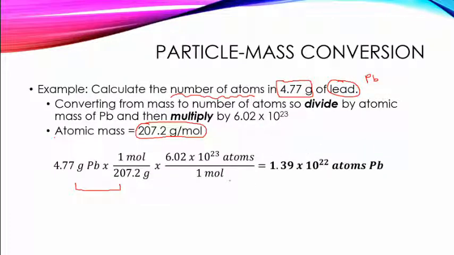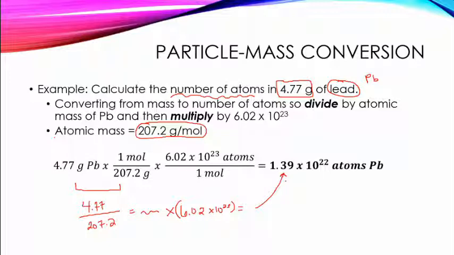So this first bracket here, I'm going to take 4.77 divided by 207.2. And then I get some answer. Then I'm going to take that answer and multiply by 6.02 times 10 to the 23rd, in parentheses. You have to put this in parentheses. And when I get done, I end up with 1.39 times 10 to the 22nd.